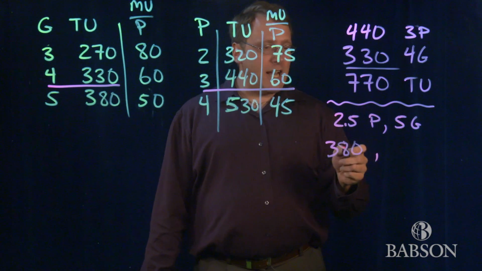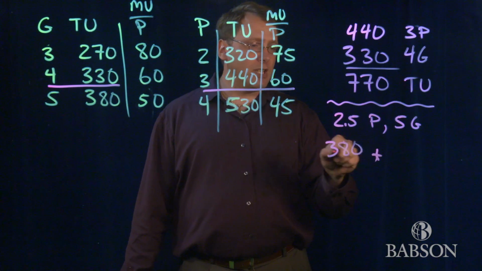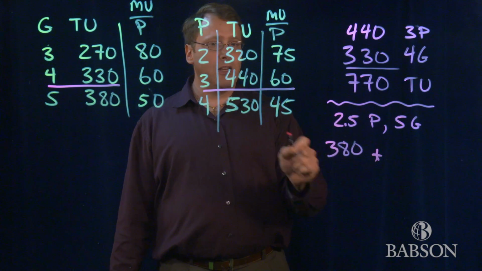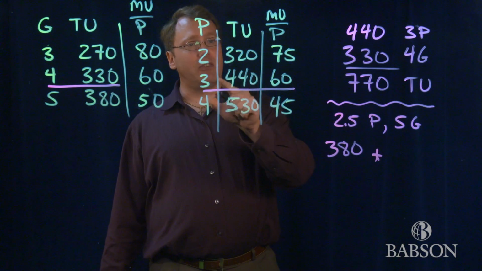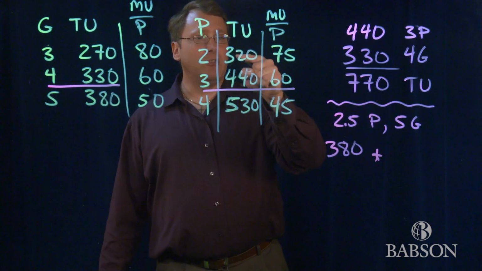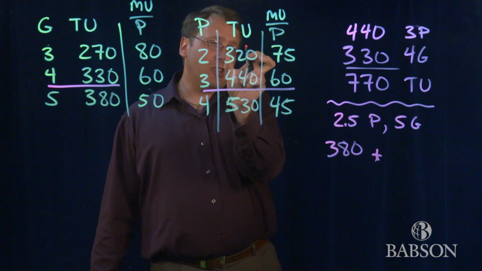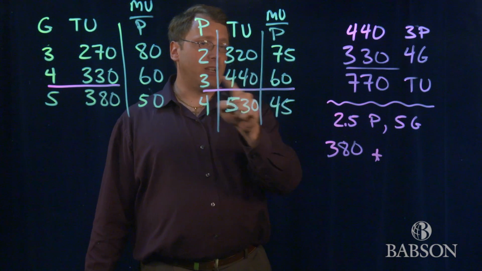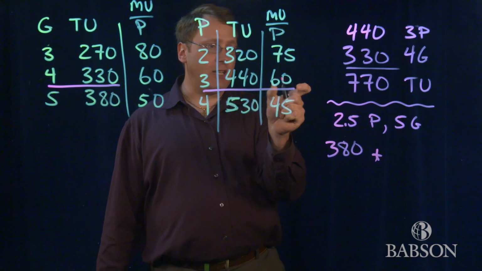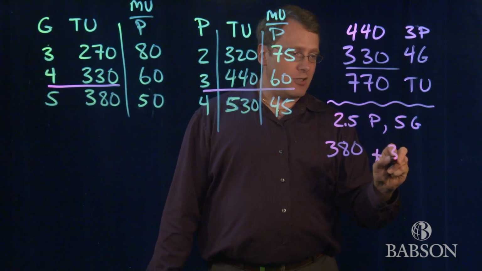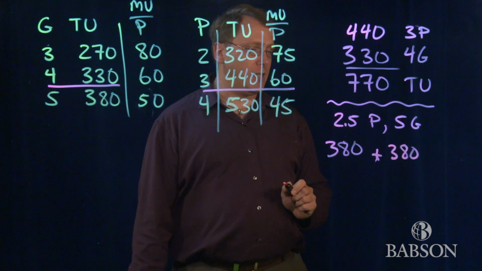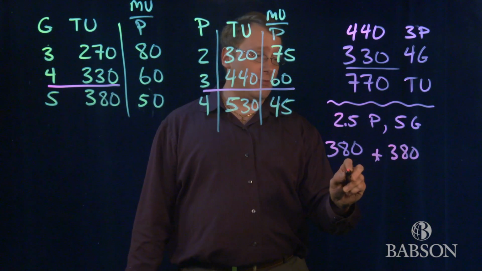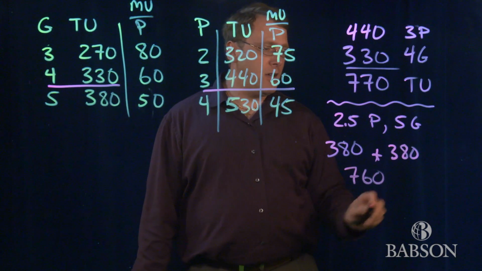But in that same process, we not only get the 380 units of utility from the granola, but now we go from the 440 and we move back to 2, but not just the 2 because we gain 2.5. So we have the 320 plus half of that third unit, so 60. This is also 380. And the total here, 380 plus 380, is what? 760.